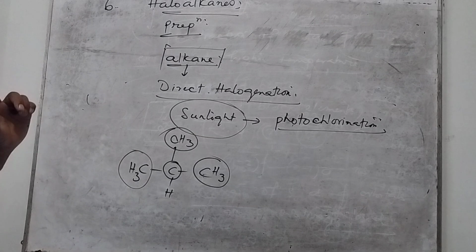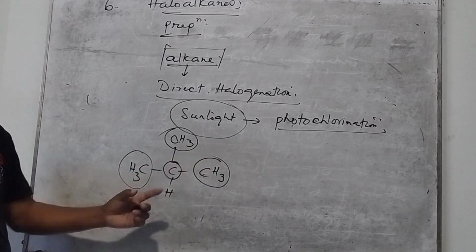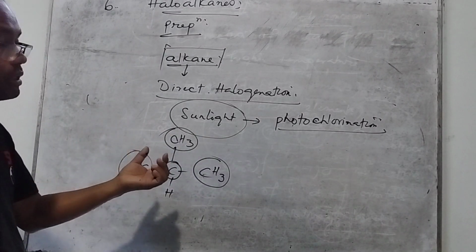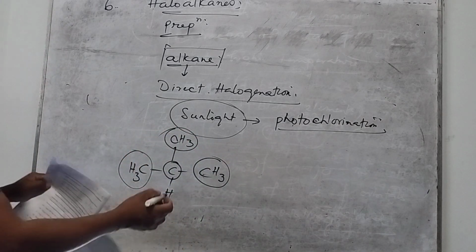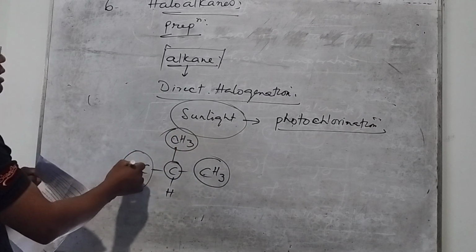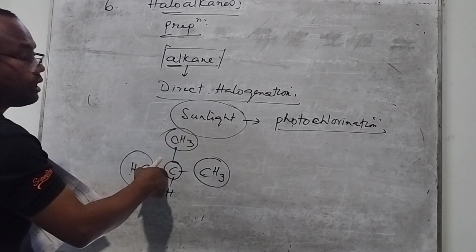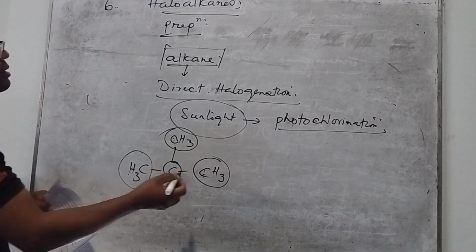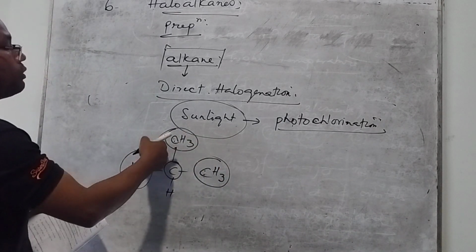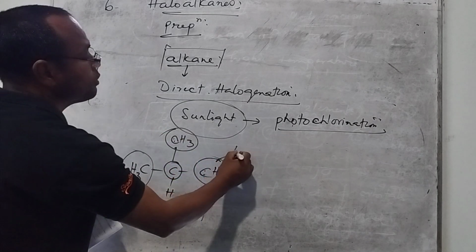Now the question is, what are the properties of the hydrogens bonded at different carbons? If these carbons are bonded at a particular carbon, these carbons are the same. That means the hydrogens present at all these 3 carbons are equivalent.